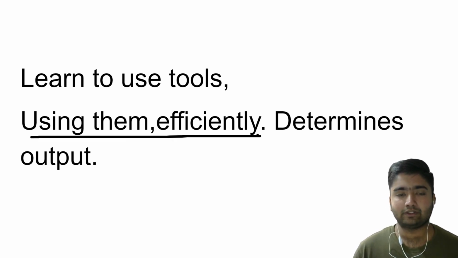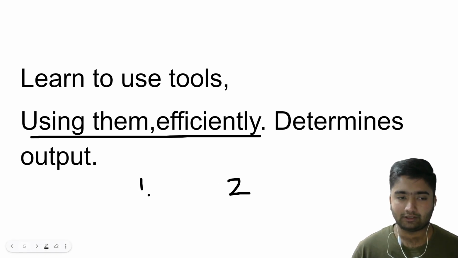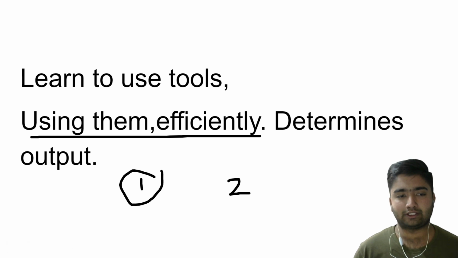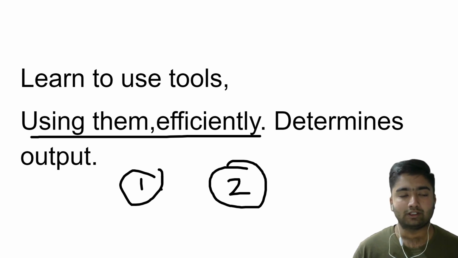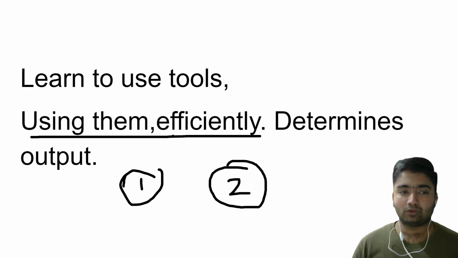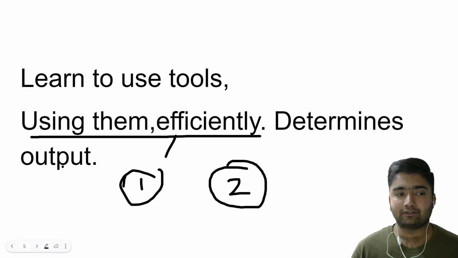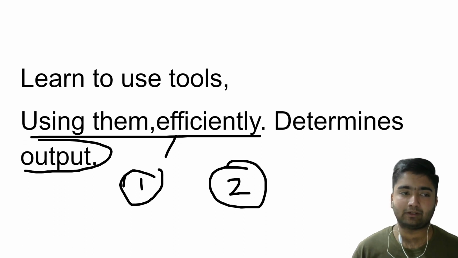If we know how to use a tool efficiently, that determines our output. Means, person one and person two. If both use the same tool, person one knows how to use the stick, person two also knows how to use the stick, but whoever knows how to do that more efficiently will get the maximum output.